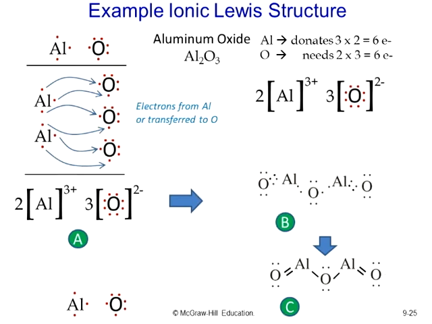And we show you the diagram where aluminum transfers its electrons to oxygen, and it forms this ionic compound. We then show you that as structure A, which is the true ionic structure for this.